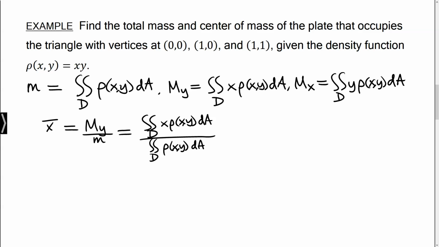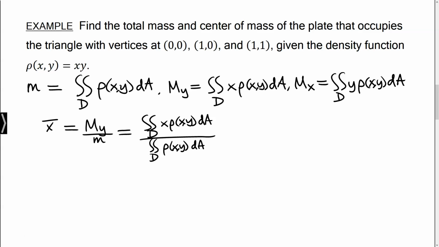And in fact, in Calc 2, you do this kind of problem, but you do it with constant density, and rho is a constant. You may remember this from Calc 2. It gets pulled out on top, it gets pulled out on the bottom, and then the rhos cancel, and they just kind of magically go away. So the only difference now is instead of rho being a constant, it's a function of x and y, so we have to integrate it.